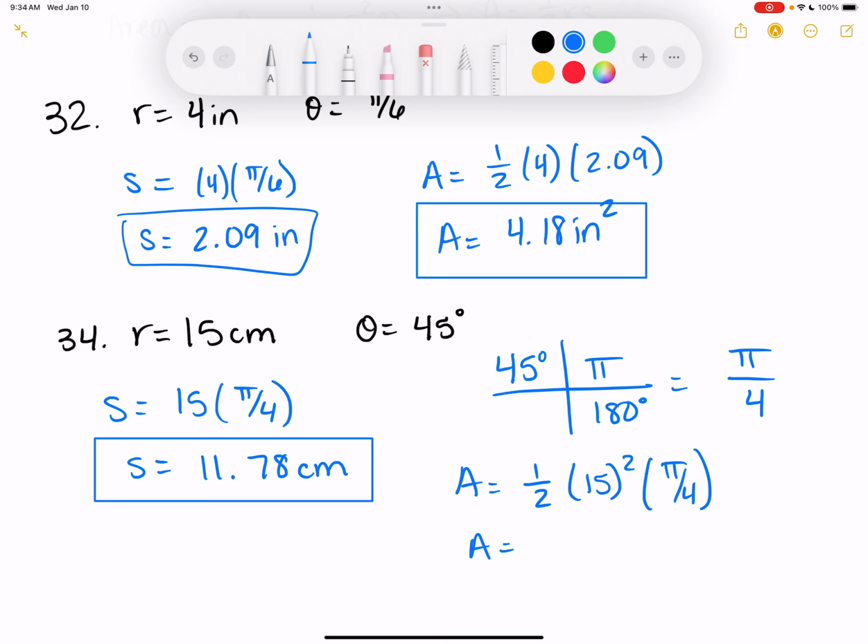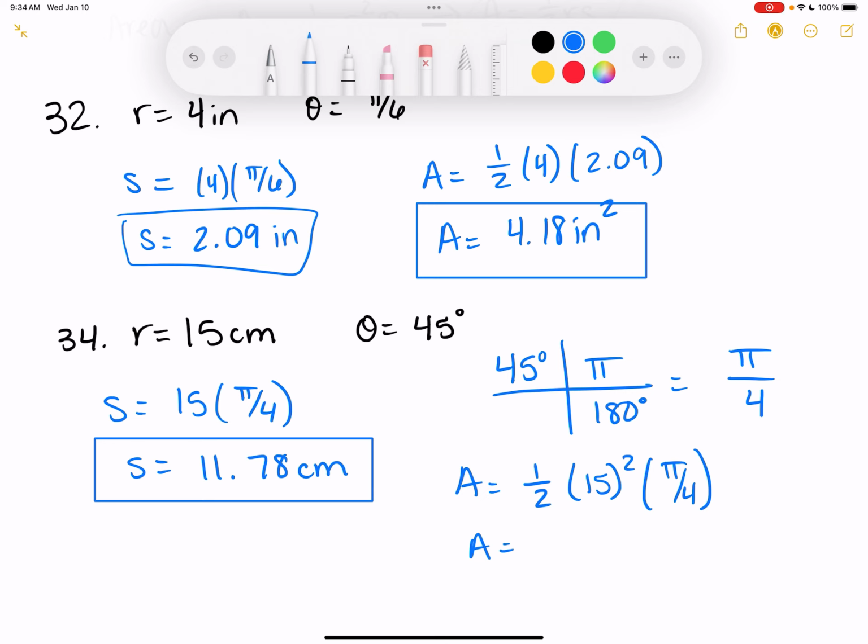Anyone want to share their answer? 88.35. And what are my units? Centimeter squared.